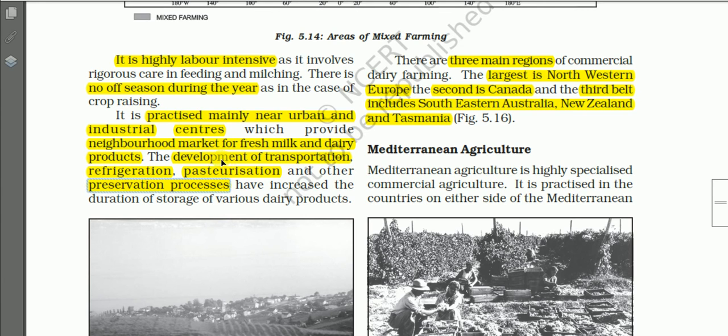Now we have fast movement of vehicles, refrigeration facilities, and pasteurization facilities, that is, killing of harmful germs by raising the temperature up to a certain level, then lowering it, then again raising it. In that continuous process germs are killed, and that is known as pasteurization. These preservation processes have increased the duration of storage for various dairy products.